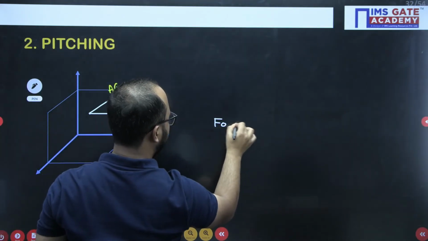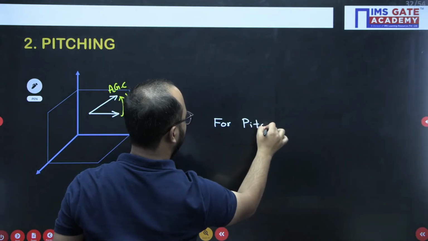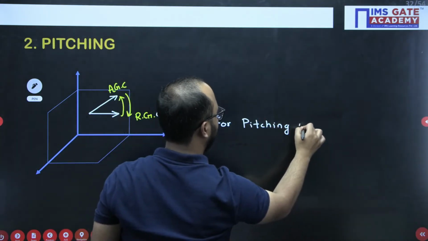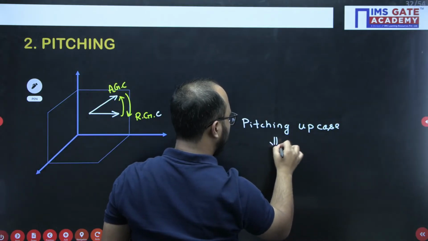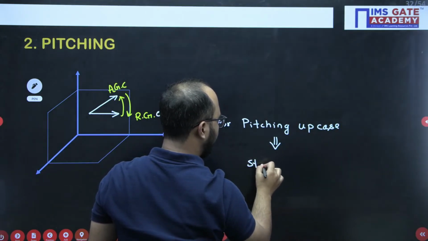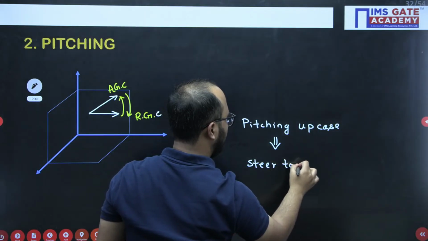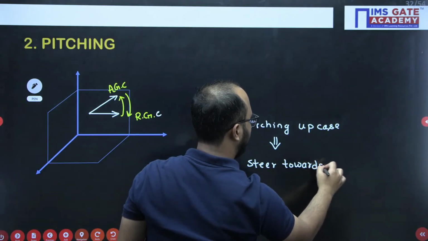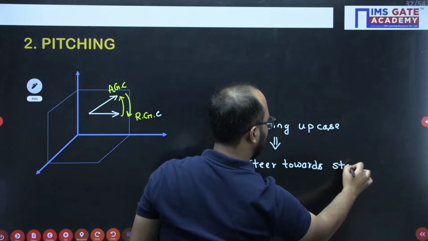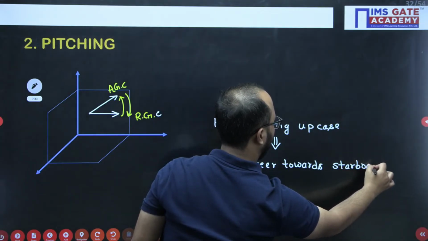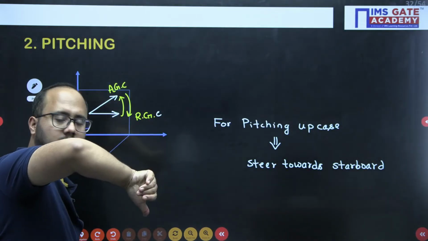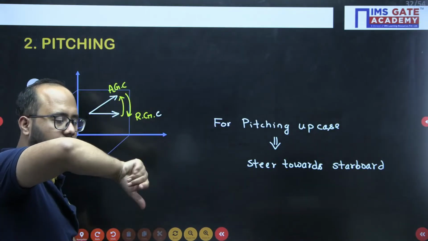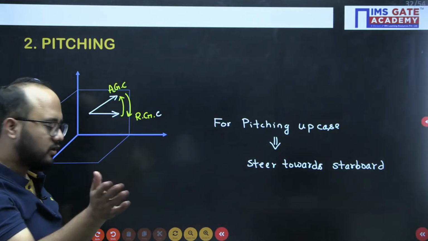So because of pitching up, for the pitching up case, the ship will steer towards starboard. Because RGC like this, clockwise from the top. Clockwise from the top means it is moving towards right.